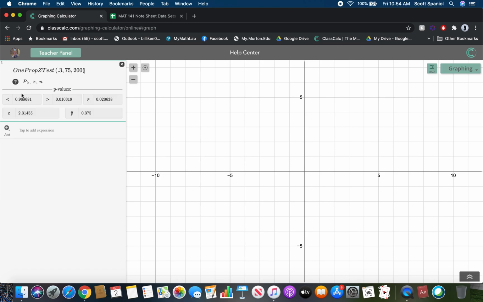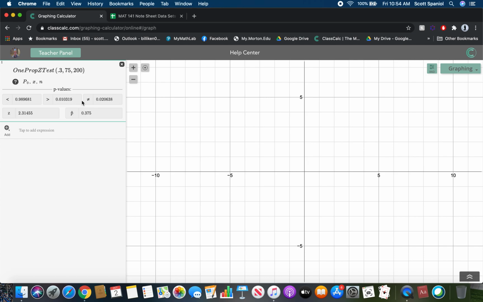And then notice what it'll show us here is it'll find the p-value for all three possible hypothesis tests. So in our calculator, it's telling us less than is 0.9897, greater than is 0.0103, and not equal to is 0.0206.